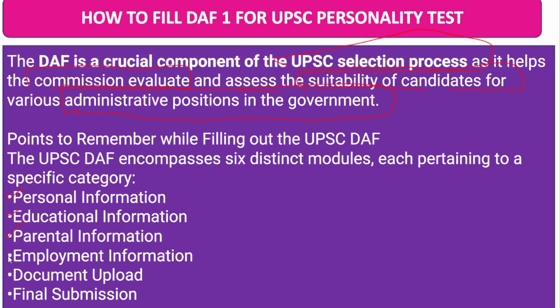Now after that, the employment information is also very important. Since UPSC has become a long journey, several candidates are already taking up employment and, side by side, preparing for this examination. So employment information also plays a very crucial role in UPSC. For example, a few individuals are coming from the private sector and a few from the public sector as well.